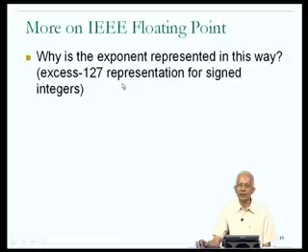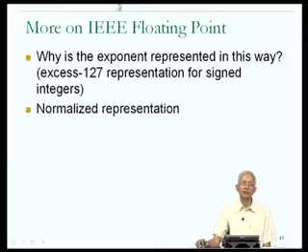And the answer is that in the excess 127 representation, it is much easier to compare values. Right? It is easier to determine whether one value is positive and one value is negative, and to compare values than with sign magnitude representation or the 2's complement representation.